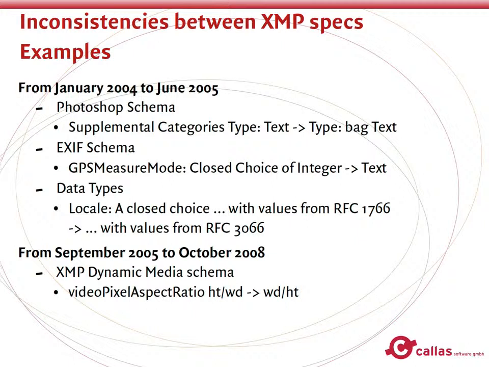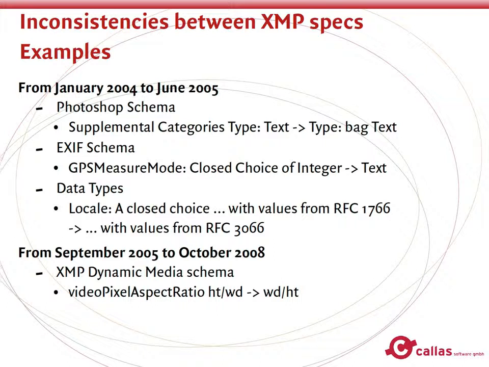Another example here are the differences between the versions of the XMP specifications. We have, I don't know, about a 20-page list of differences between XMP specifications, and for us as a vendor, that of course is sometimes an important question. For instance, the first thing here, the Photoshop schema: there is some property, what it is for doesn't matter in this context, but they just changed the value type from text to bag text.